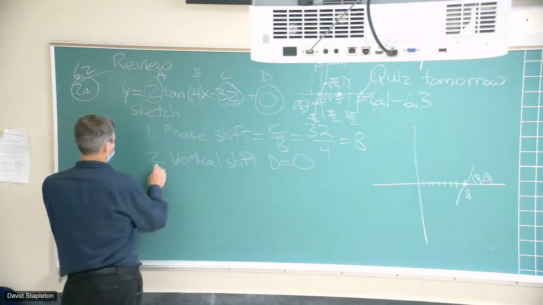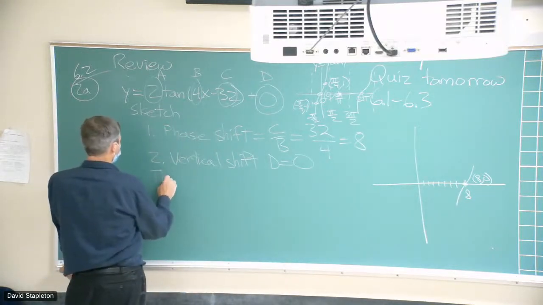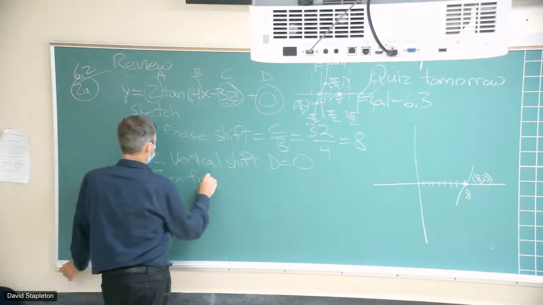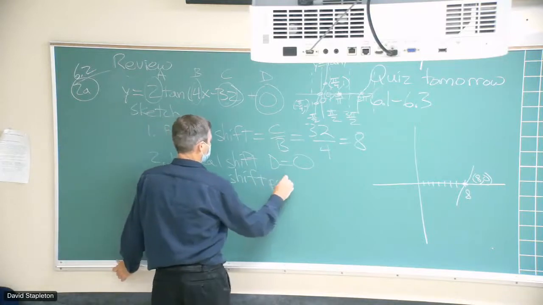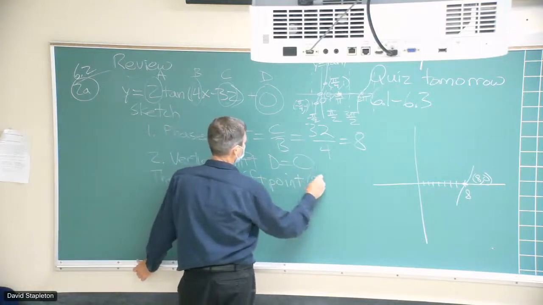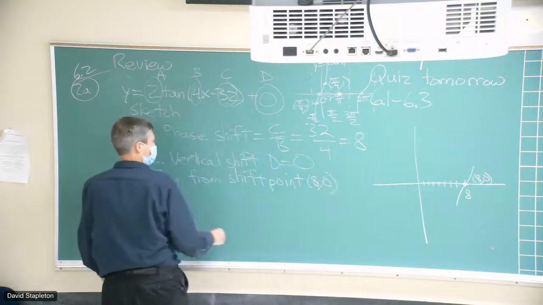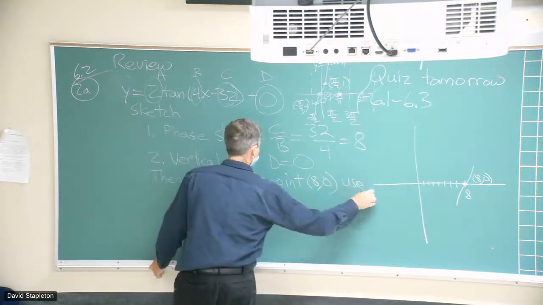But you start there, and then you find the shift point, and then from the shift point, use the rest of the letters.